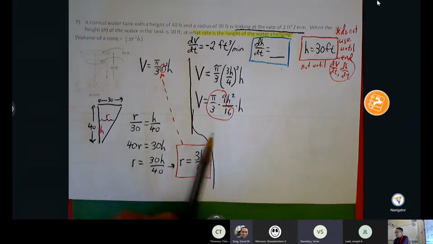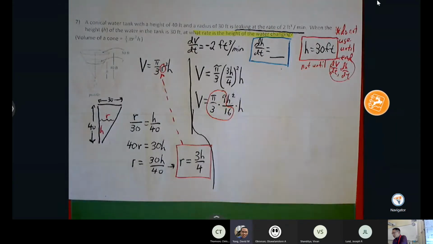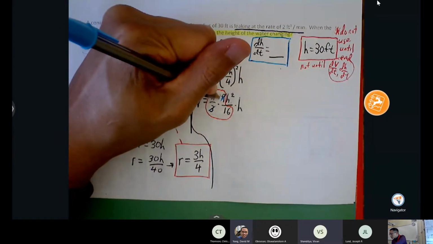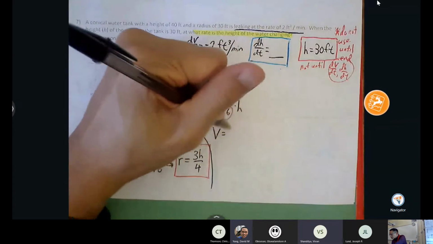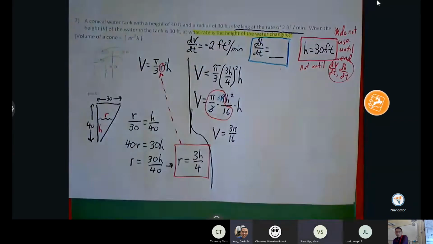Sure, yeah, you can do that. You can multiply it out or you can cancel out, but either way, we want to push this together, right? So what happens then if you cancel these out? We'll get 3h squared over 16. Okay, good. That's our coefficient, all pushed together, cleaned up.